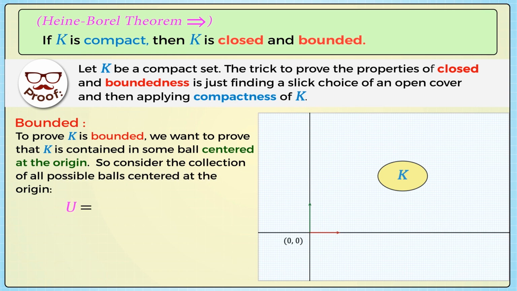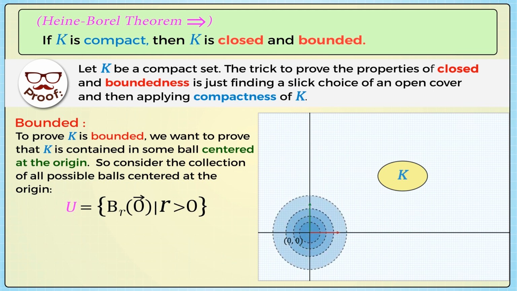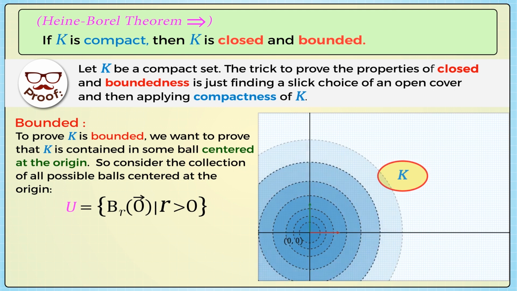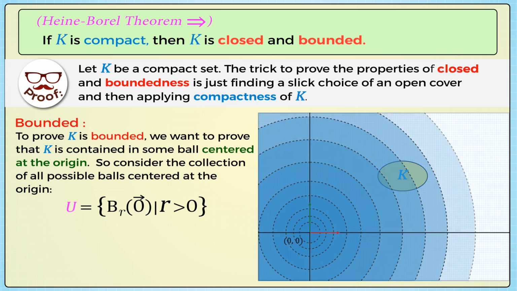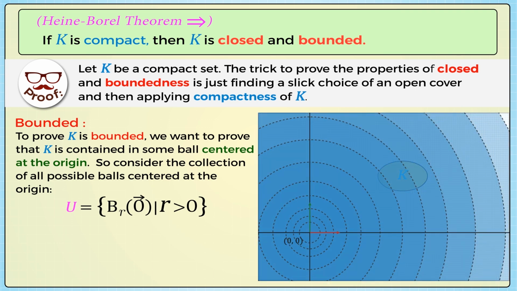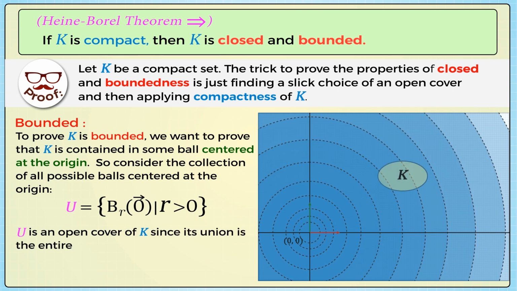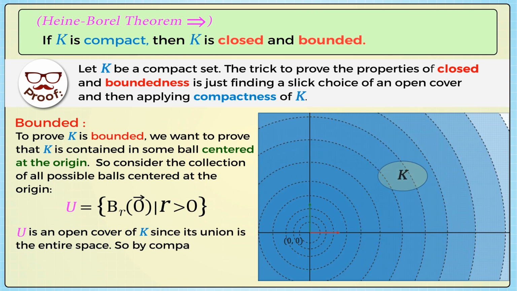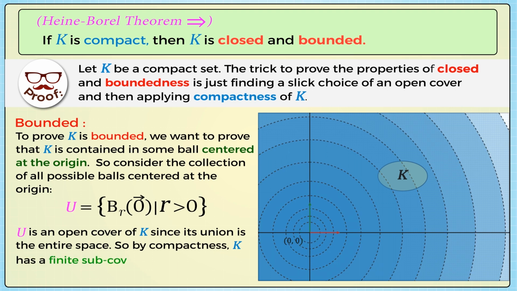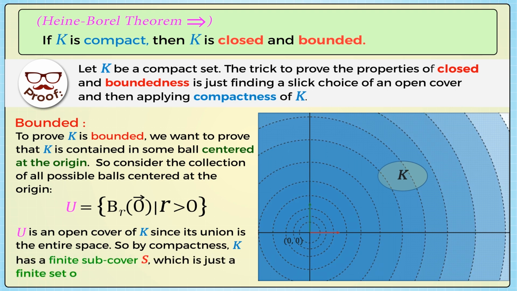U is equal to the set of all bowls centered at 0 with radius r, where r is greater than 0. U is an open cover of K, since its union is the entire space. So by compactness, K has a finite subcover S, which is just a finite set of bowls.